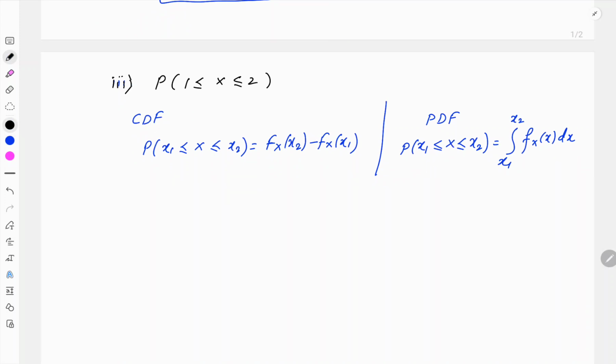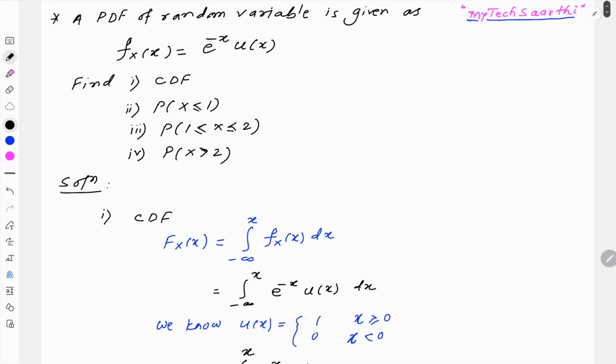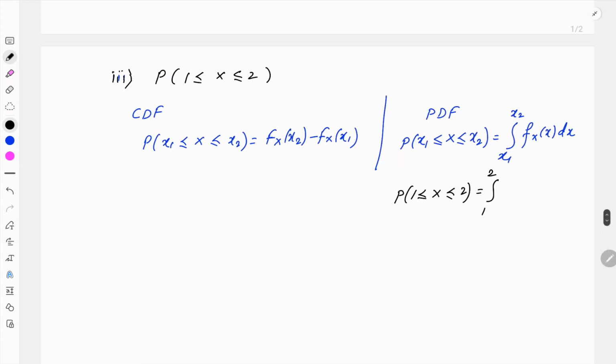So for PDF, here we need to find out the value of random variable x between 1 and 2. So let us integrate it from 1 to 2, and fx of x dx is given as e raised to minus x u of x dx. So if we integrate it, unit step signal in this range has value 1.